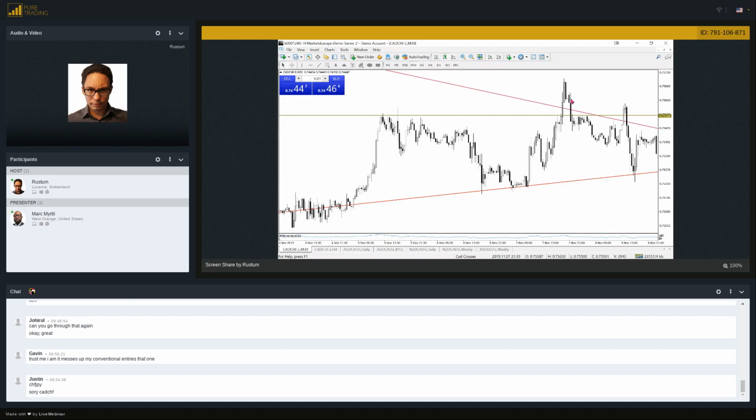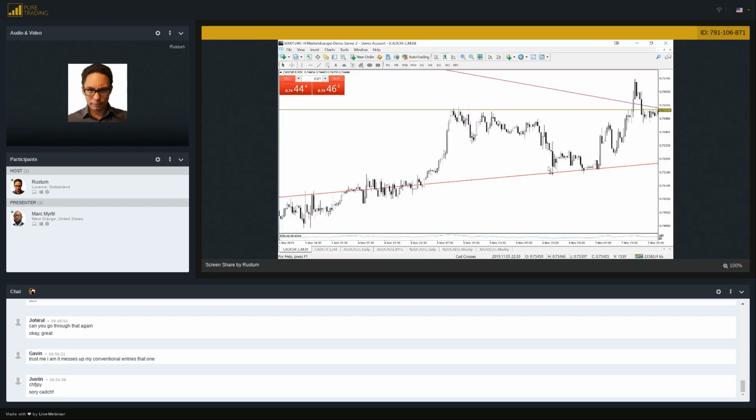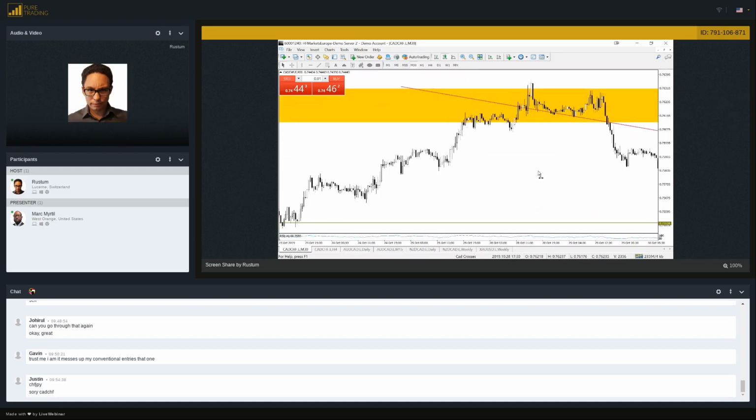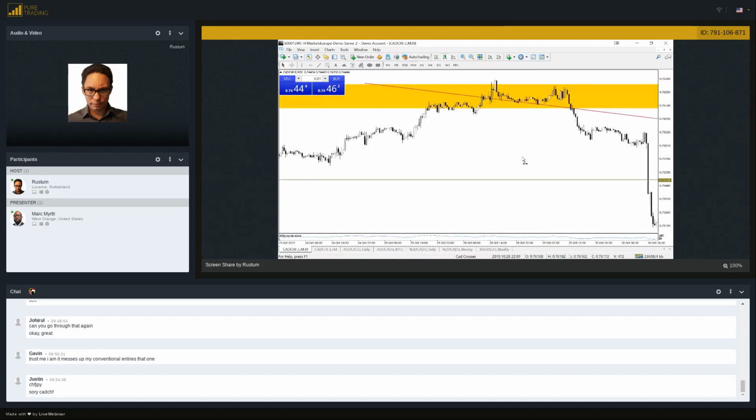He wants to go long, and then as soon as all the stops are taken out, that's below here, we want to go short. But I think this was the area I was more on about, because here we can see it much nicer.